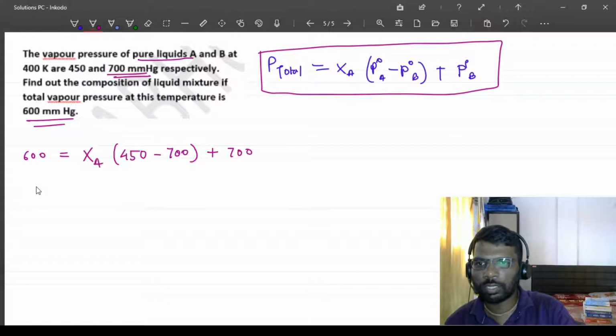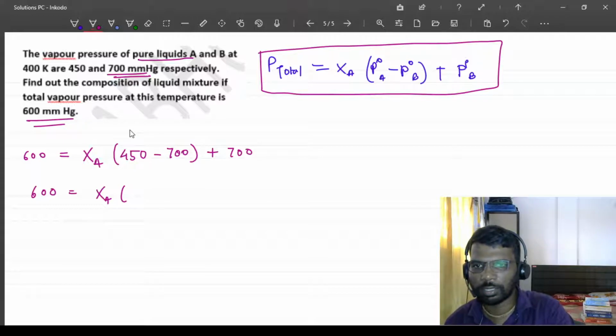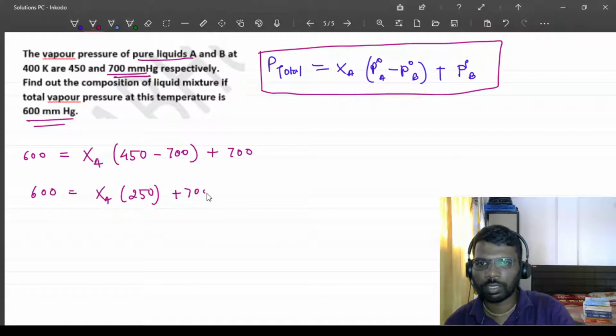And if we solve this, this will be 600 equals xA times 450 minus 700, how much comes to 250, right? Plus 700. So a rearrangement, okay?